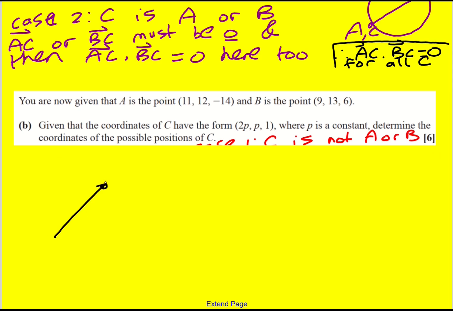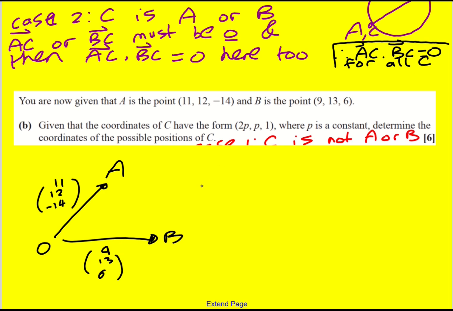I can create a position vector A, which is 11, 12, minus 14. And then a position vector to B. Remember, this is still the same situation. This is still my diameter. B, I've got 9, 13, 6. And then I've got C over here.